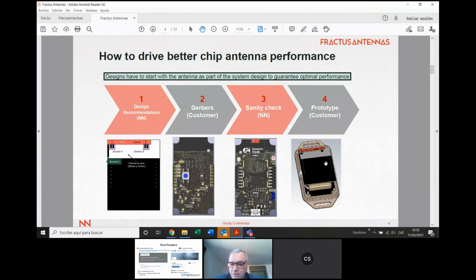We are going to present the tools to do it, okay? I will come back to this slide, but keep in mind that this is the recommended path in the design: first the antenna, after the components, sanity check of the Gerbers, and finally you can make the prototype.